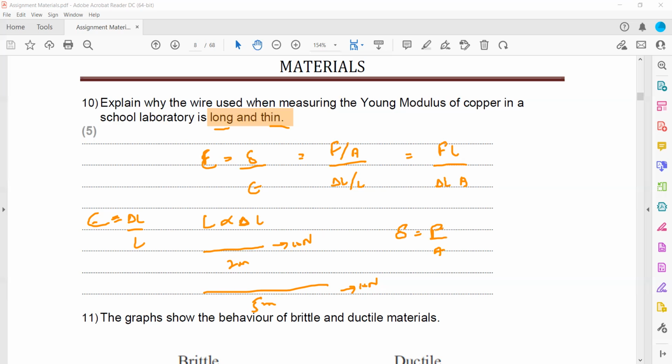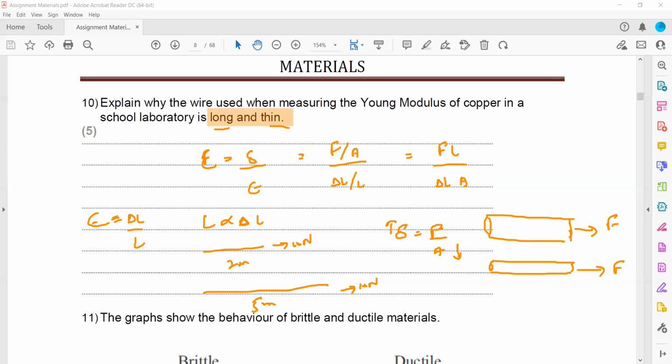If we have two types of wire, one thick and one thin: when the wire is thin, we can easily apply the force, a small amount of force can produce a change in length. But when the wire is thick, we need a greater amount of force to change the length. So a thin wire has a small area, and we get a large stress for a given force, because if the area is small, the stress will be higher. Or we can say that when it is thin, we don't need too much force to produce the extension.